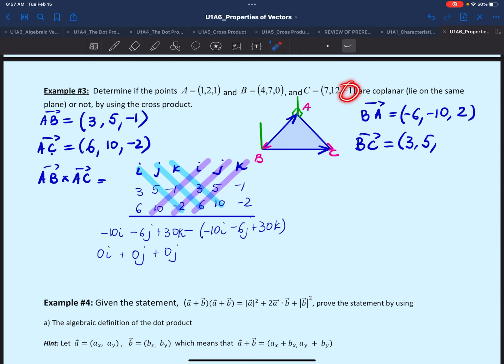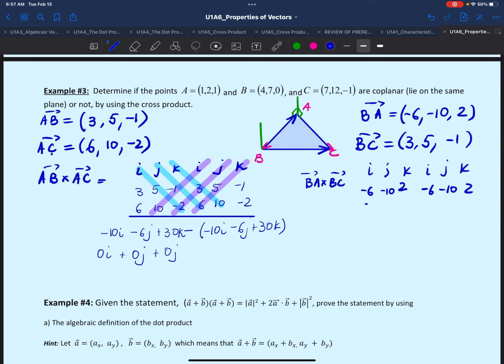And then negative 1 minus 0, negative 1. So let's cross BA with BC. IJK, negative 6, negative 10, positive 2, 3, 5, negative 1.